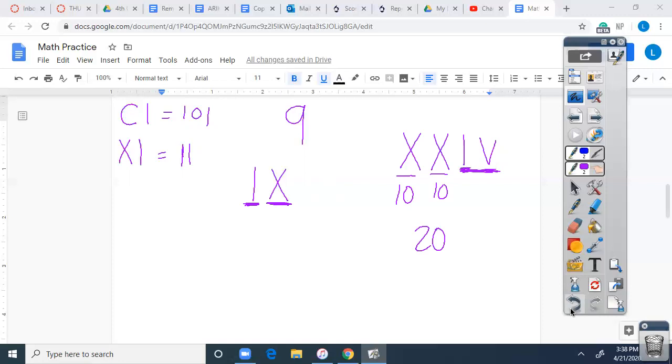And then this 1 is in front of the V, which means I'm going to subtract the 1 from the V. Okay, so the V is 5 minus 1, which is 4. Okay, so I've got 10 plus 10 plus 4. So my answer would be 24, not 26. 26 would look like this, and the I would be after the V.